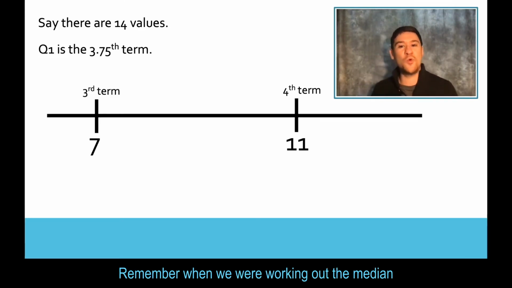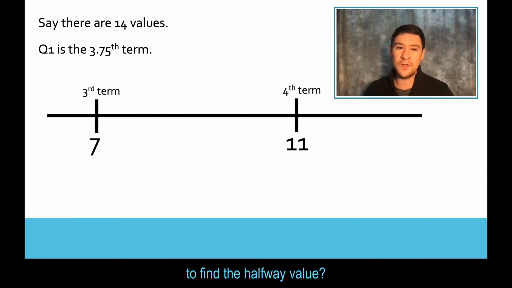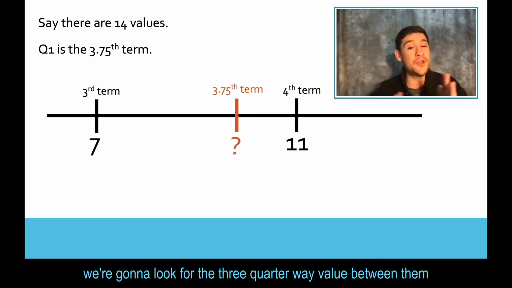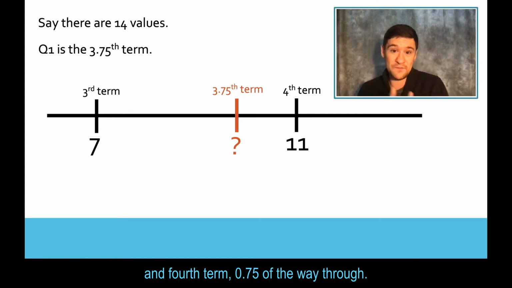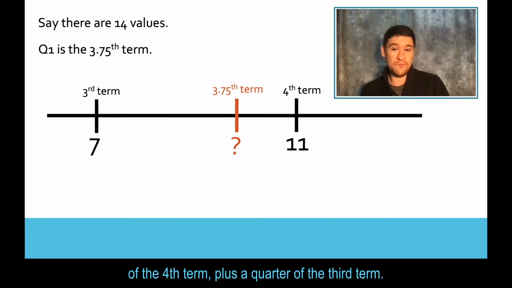Well, remember when we were working out the median and we had 2 middle values and we wanted to find the halfway value? We're going to do the same here, but instead of looking for the halfway value, we're going to look for the 3/4 way value between them, because 3.75 is between the third and fourth term, 0.75 of the way through. And how do we work that out? Well, we need 3/4 of the fourth term plus a quarter of the third term.